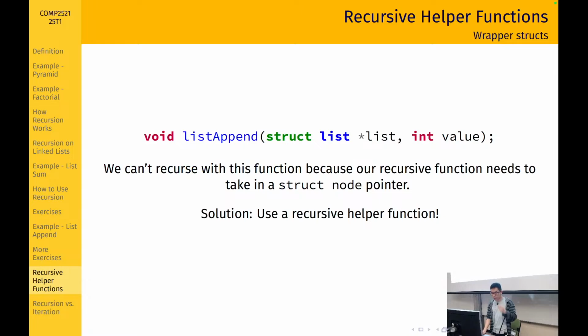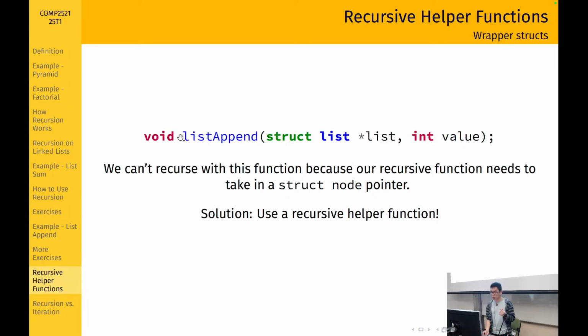What we really want is for the function to take in a node, right? So that when we recurse, we can pass in a pointer to the next node. So the way to deal with this is to use a recursive helper function, right?